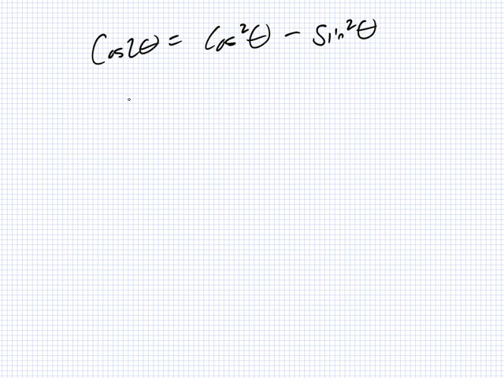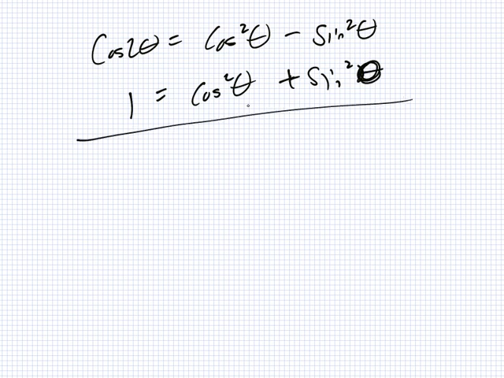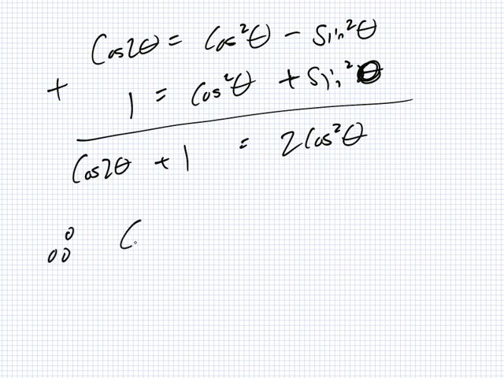But also remember we have 1 equals cos squared theta plus sine squared theta. Remember that? So, if I add these together, I can get this formula. Cos 2 theta plus 1 equals 2 cos squared theta. So, therefore, cos squared theta equals (1 plus cos 2 theta) over 2.